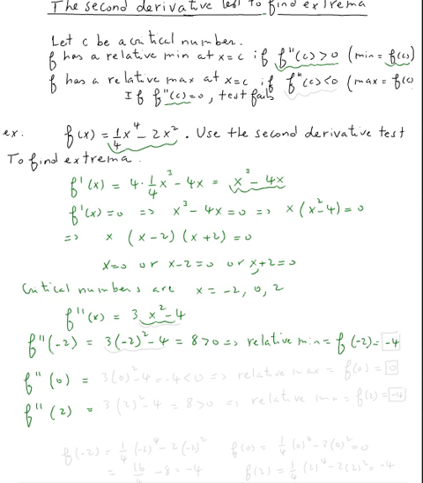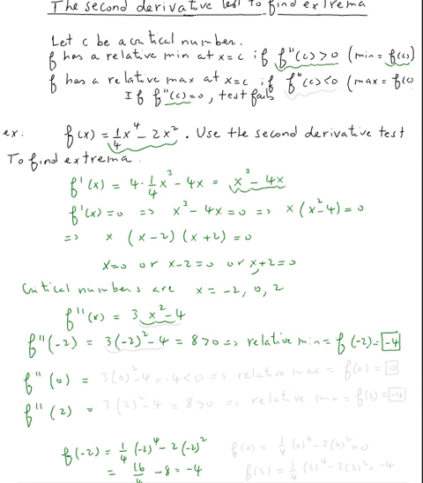If you want to know how I did it, f of negative 2 is 1 over 4 times negative 2 to the 4th, minus 2 times negative 2 squared. This is 16 over 4, minus 2 times 4 is 8. And this is 4 minus 8, which is negative 4. So this is the relative min.